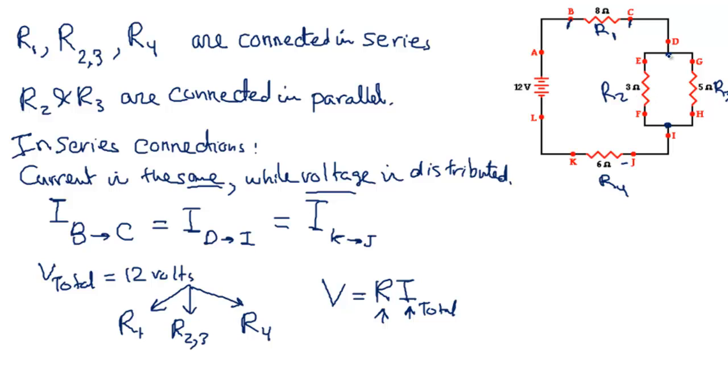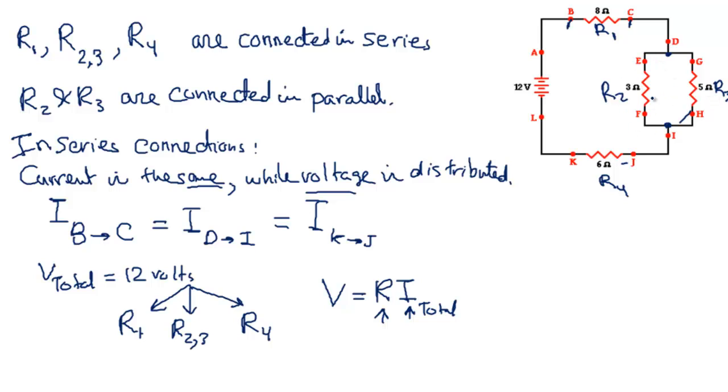The smallest voltage drop will be between D and I, and then the second voltage drop will be between I and K. So the one that will have the biggest voltage is R1, followed by R4, and finally the equivalence of R2 and R3.